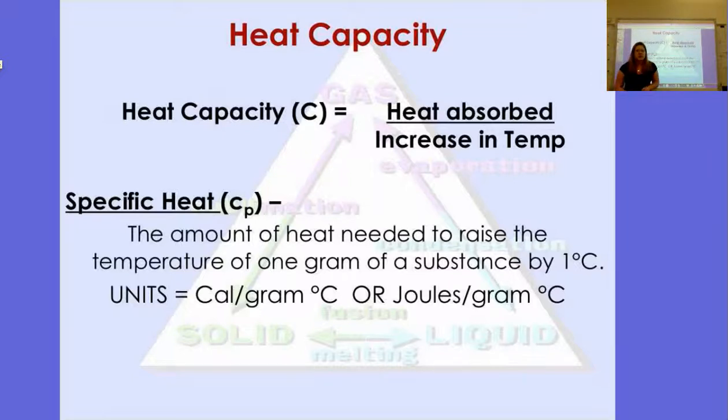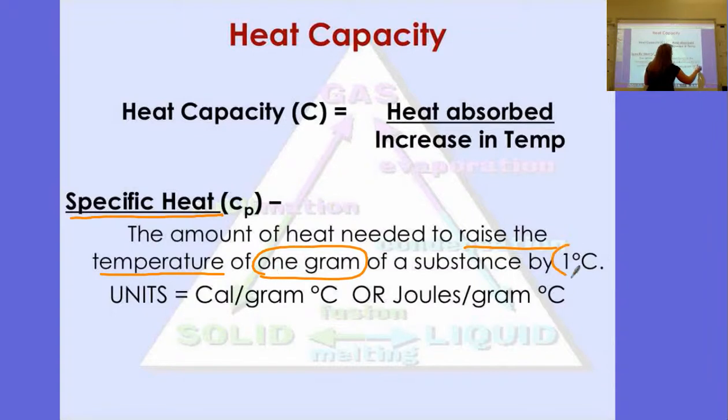Here's our equation for this unit. The heat capacity is equal to the amount of heat that is absorbed by the material divided by the increase in temperature. So the specific heat of a substance is the amount of heat needed to raise the temperature of 1 gram of stuff by 1 degree.